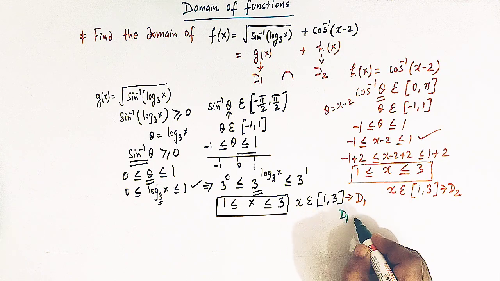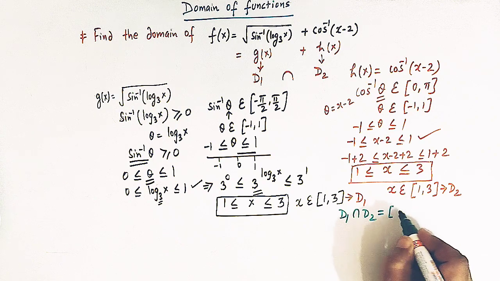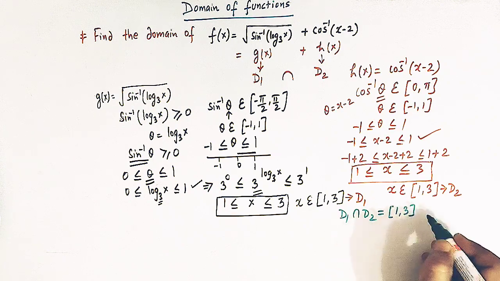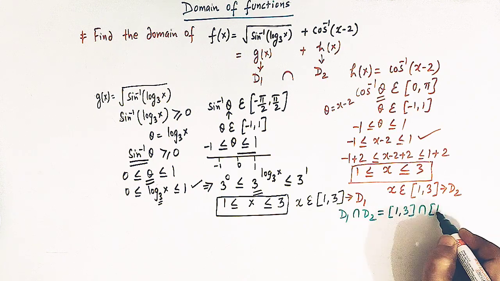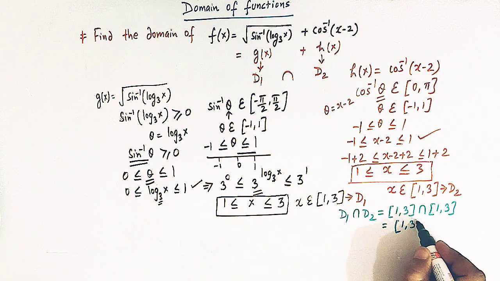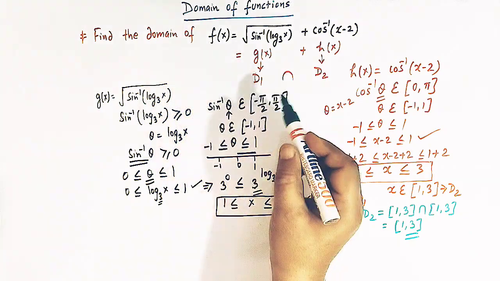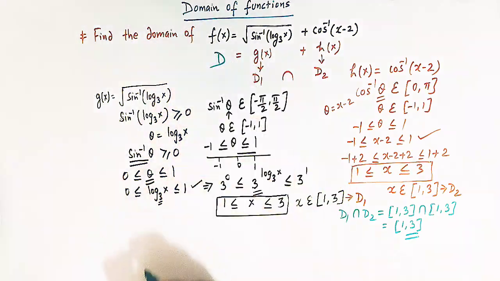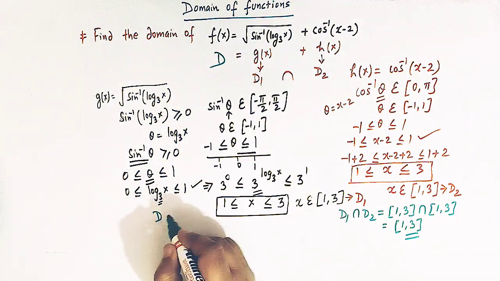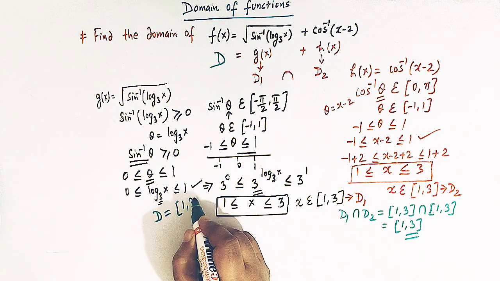So if we calculate d1 intersection d2, then this is the interval 1 to 3 intersection interval 1 to 3, and we can get the same interval, that is 1 to 3, right? So the overall domain of this function, which may be denoted by d, is given by this interval, that is 1 to 3, right?